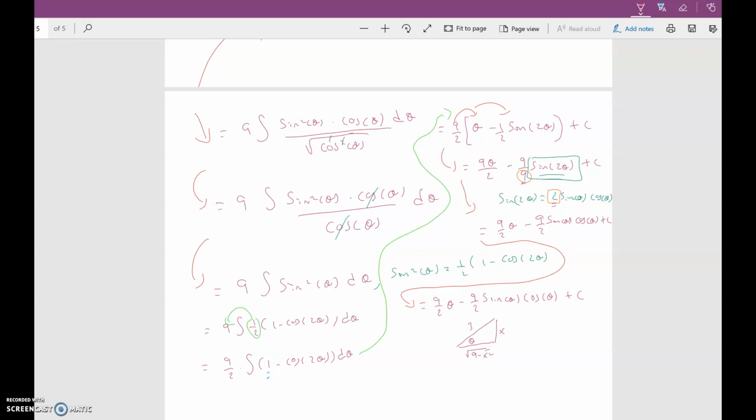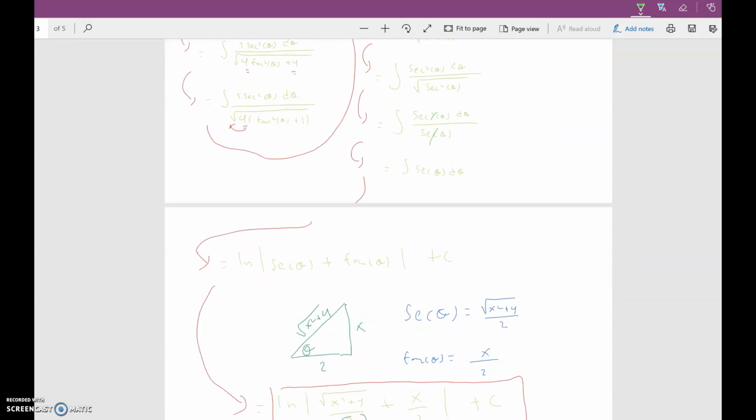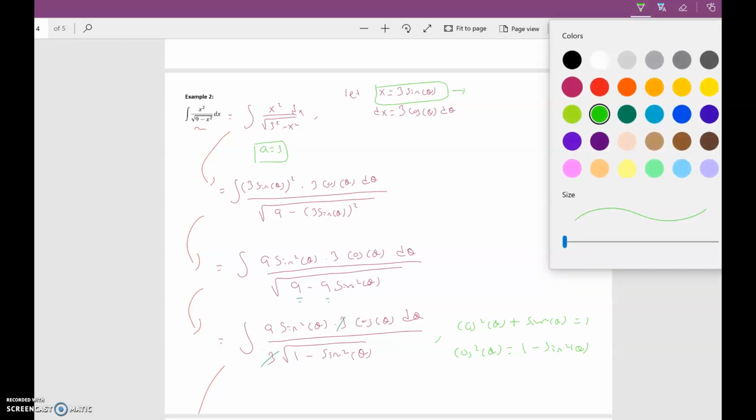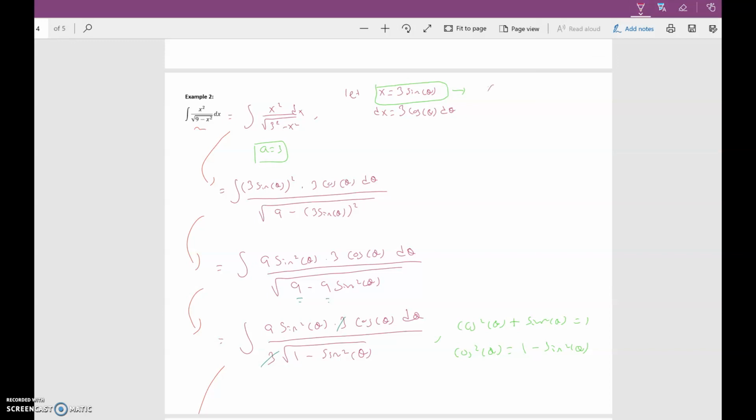Now, for the value of theta, I'm going to go back to the substitution. So our substitution happened here. Technically, this is equivalent to x divided by 3 is equal to sine of theta.